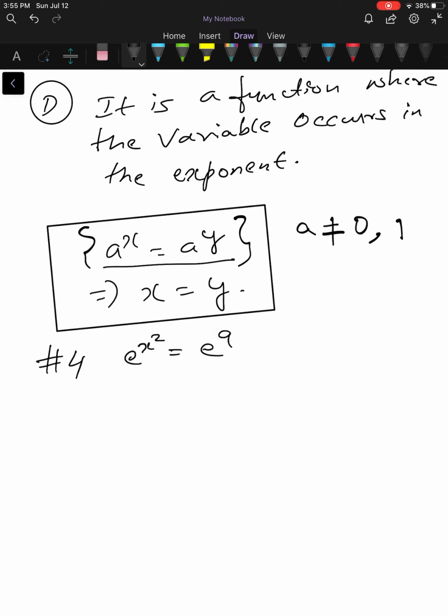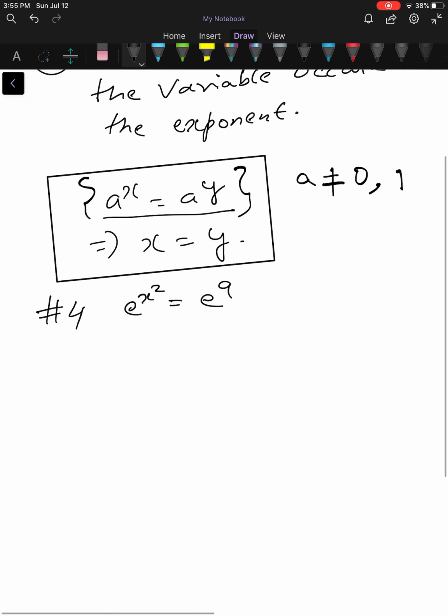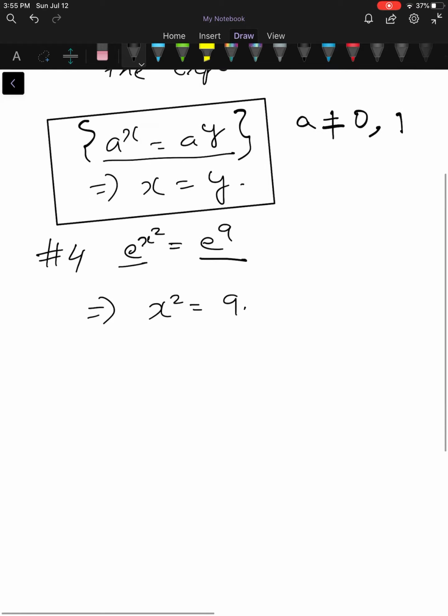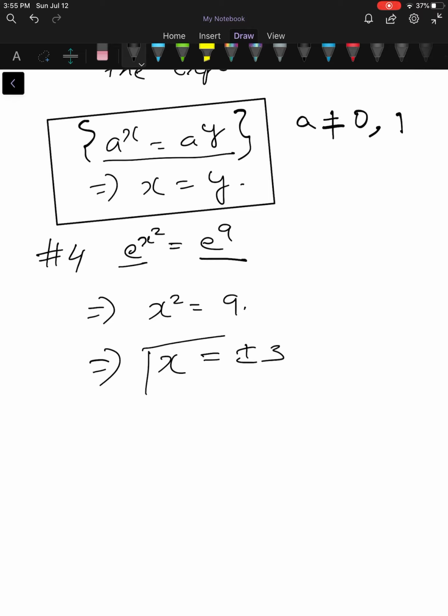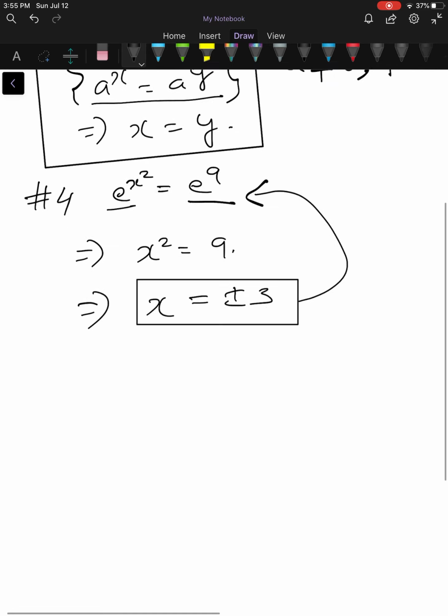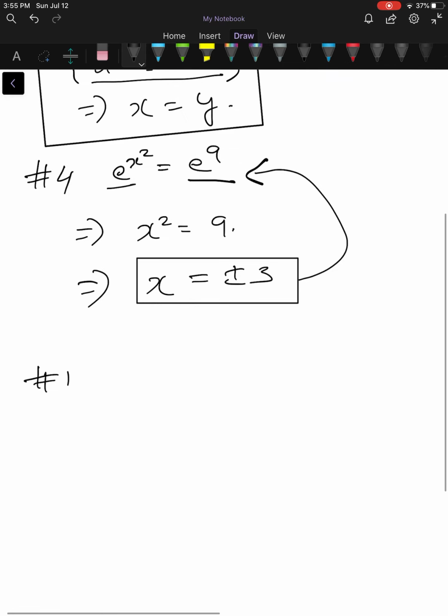So e to the power of x square is equal to e to the power 9. The bases are the same, so applying the strategy discussed above, x square is equal to 9. When x square is equal to 9, x can take two values, plus or minus 3. So this would be the solution to the exponential equation in number 4.